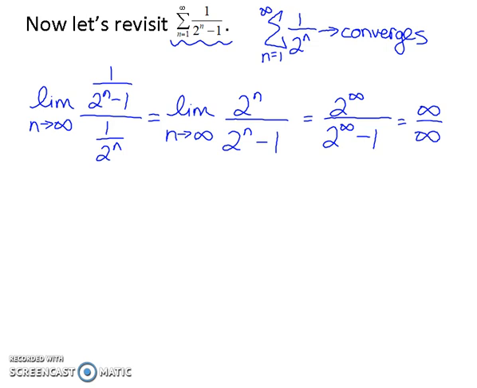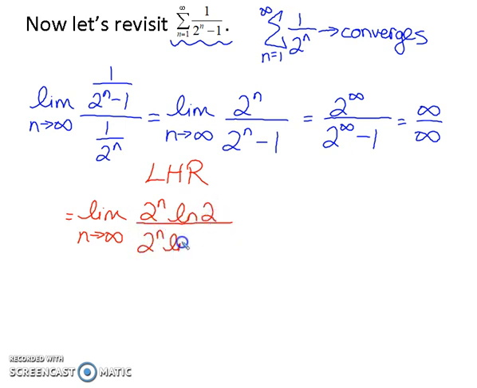So, L'Hopital's rule. That would equal the limit as n goes to infinity. Now, 2 to the n is an a to the u derivative. So it's a to the u times the natural log of the base. Same thing on the bottom, a to the u times the natural log of the base. And then the minus 1, its derivative is just 0.